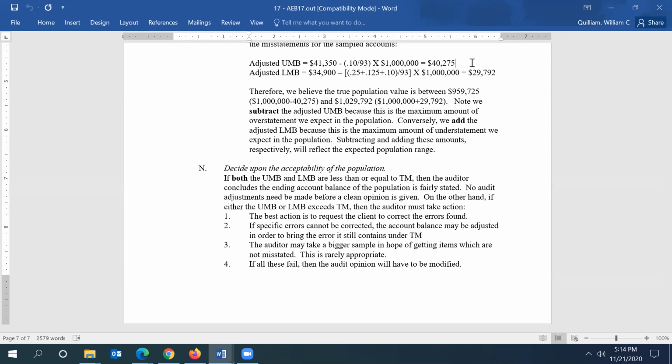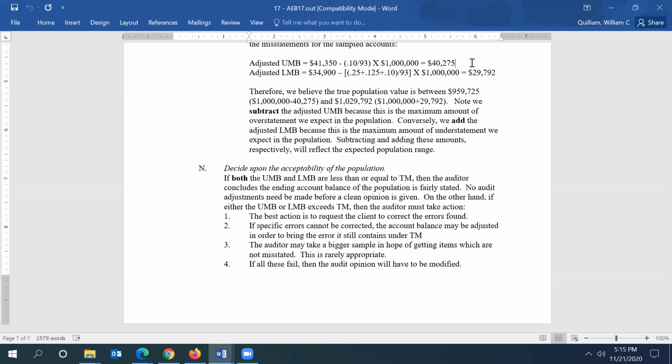Now let's do the same thing with the adjusted lower misstatement bound. It was $34,900. We reflect that maybe that's a little too much. Let's subtract off an adjustment factor because in this one understated account, some transactions going into it during the year may have been overstated. So let's look at those overstated accounts receivable to give us an idea of how much may have gone in the way of individual transactions which were overstated.